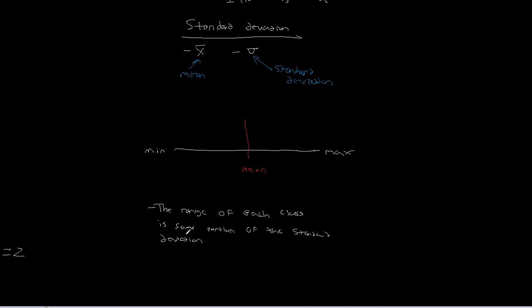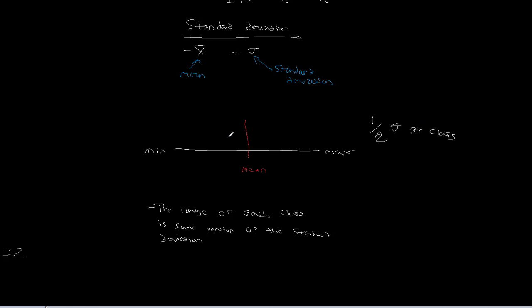Now I'm going to explain how ArcGIS Pro implements it, because it is implemented differently depending on what software you're using. But the way that ArcGIS Pro processes this is it's going to have the data centered on the mean, and it's going to go out from the mean some portion of the standard deviation. So let's say that we were going to do maybe half the standard deviation per class, right?